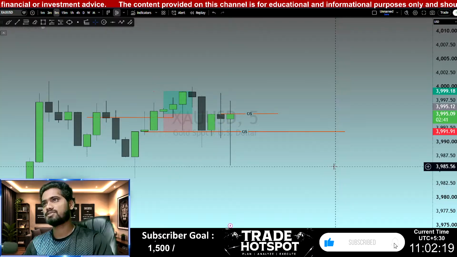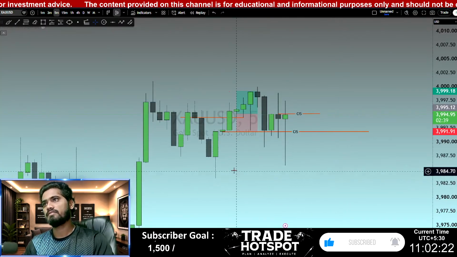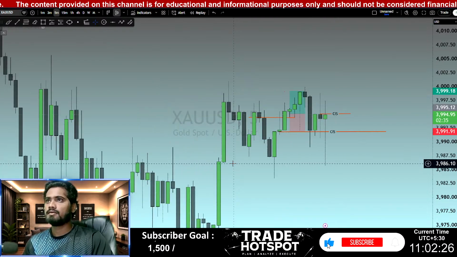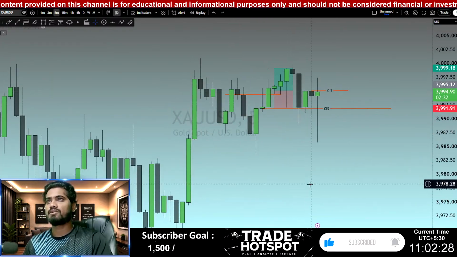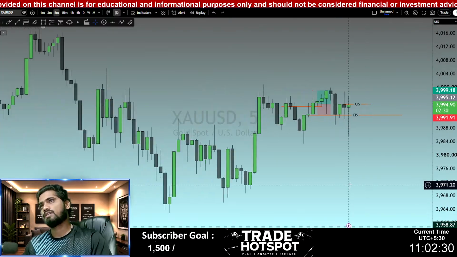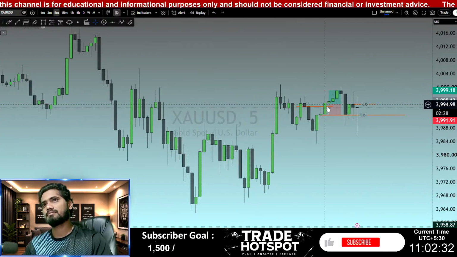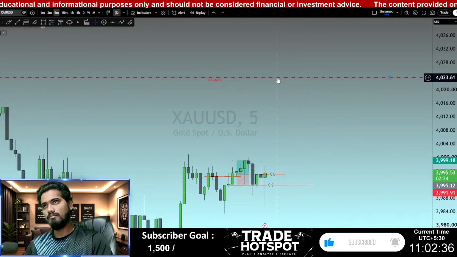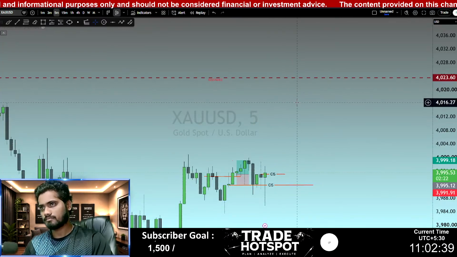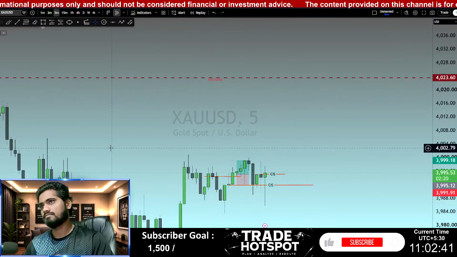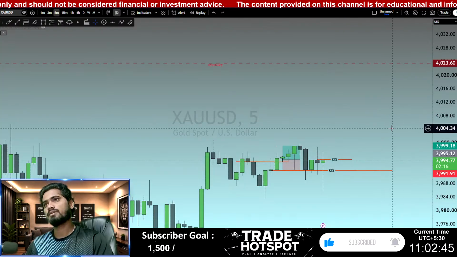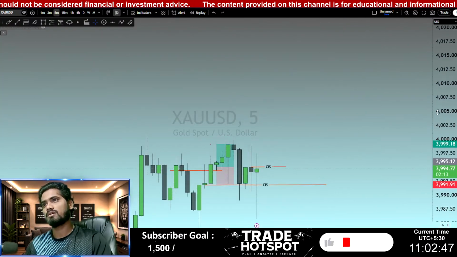You can see the rejection here at this level. Then there is a sideways zone here in the gold right now, so it can be upside, then sideways, then continuation on the upside till this level, up to this level. Let's see, guys, we are waiting here for confirmation.